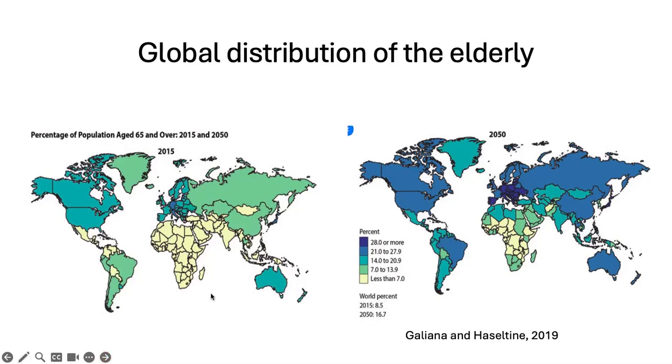And in the first world, it was about 14 to about 20%. And then in 2050, it is projected that a third of the population will be elderly in the developed world. And in our region, it will be just over 10%. So that's a substantial amount of people that are going to be elderly at that point.